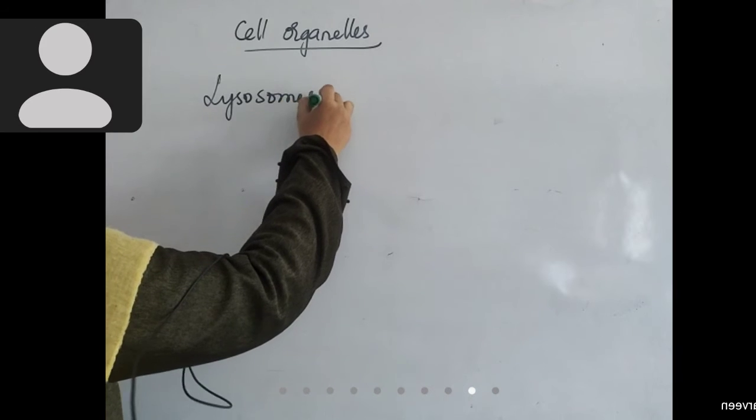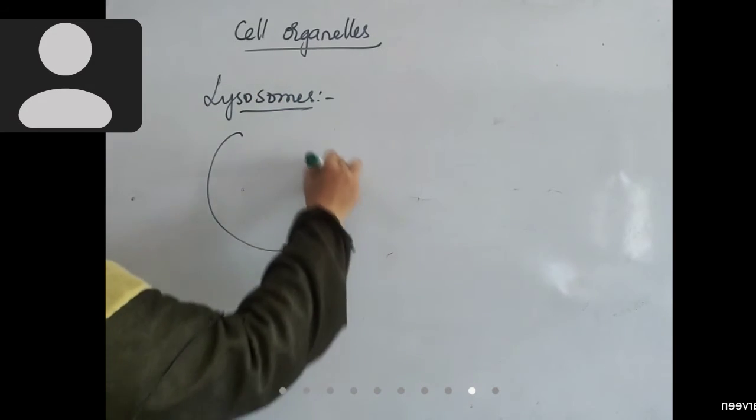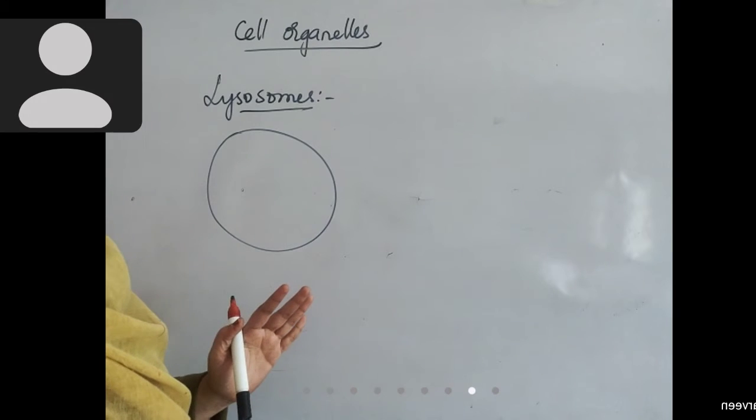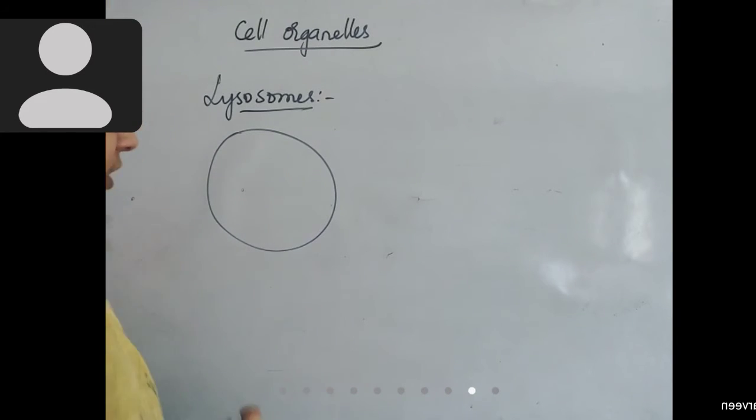Lysosomes are very simple round structures like this. There is no complexity in this, very simple round structures.